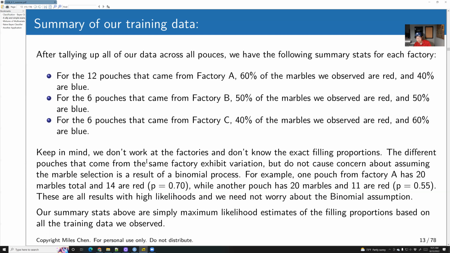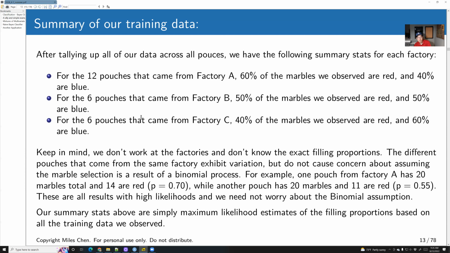Now here the truth is we don't actually work at the factories, and we don't know the exact filling proportions. And so, when we open up these pouches that come from the factory, they have some variation. Maybe some of the pouches from factory C are 42% red, and some are 35% red, and maybe some are even 50% red, but we know it comes from factory C. We're going to assume that there's a binomial process filling up these bags.